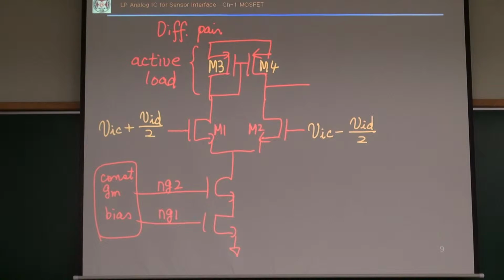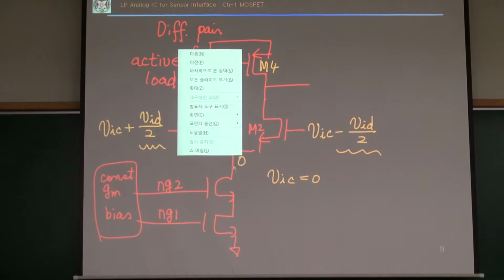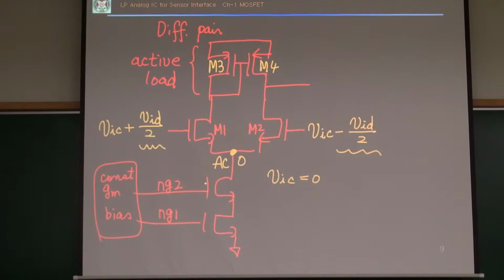For the differential mode circuit, when VIC equals 0, then this becomes a virtual ground, AC 0. And then this looks like a common source amplifier. So a differential amplifier is a collection of two common source amplifiers for the differential mode input.